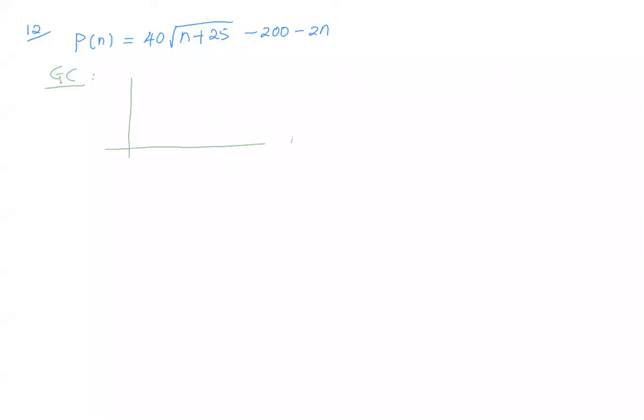It looks like that. You go to window. So it starts from when n equals 0. 0, 0, 25, 5, 5 times 4, 200. So it starts from 0. Then the graph goes up, then it comes down, am I right?